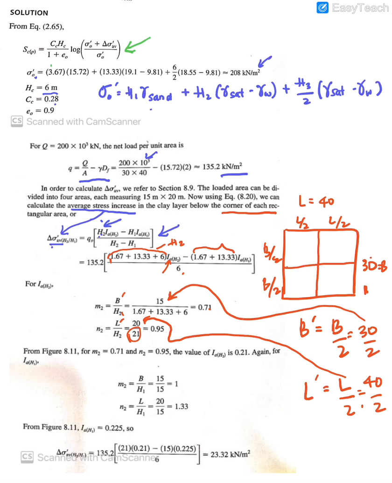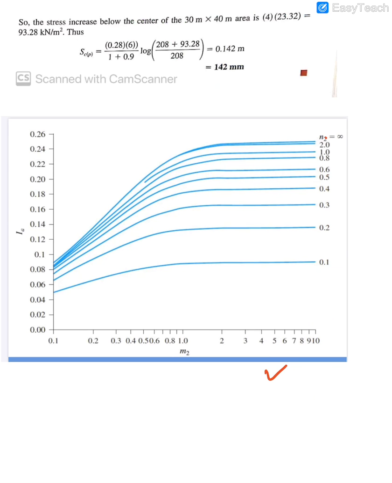So to get this value, IAH2, you have to refer to this figure.